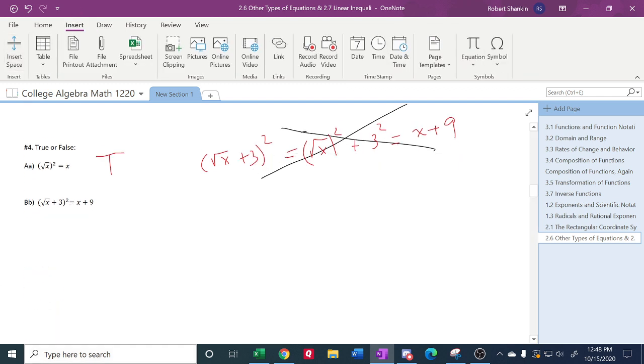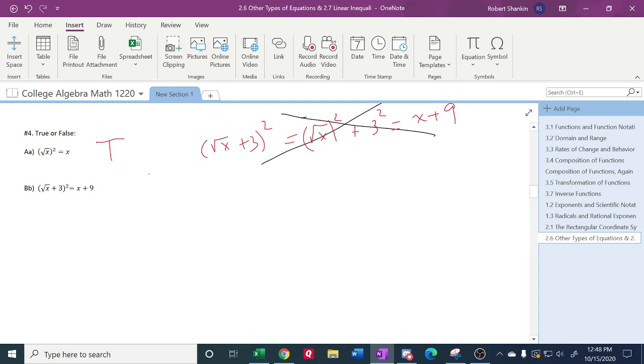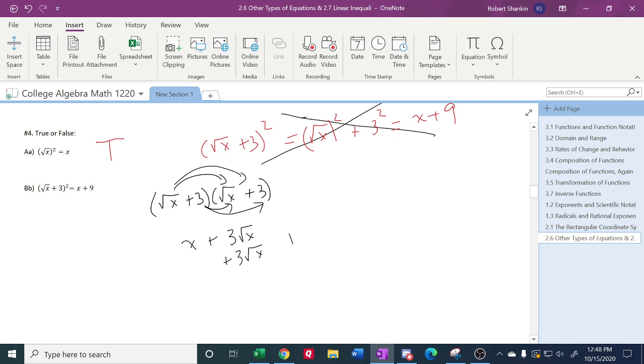We really needed to FOIL it like this. I like to put the like terms right underneath each other. So then we get x squared plus 6x plus 9. We'd be missing that middle item if we had done it.